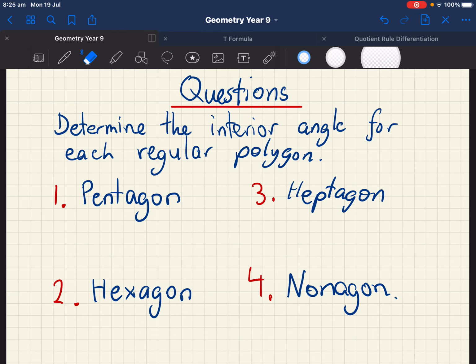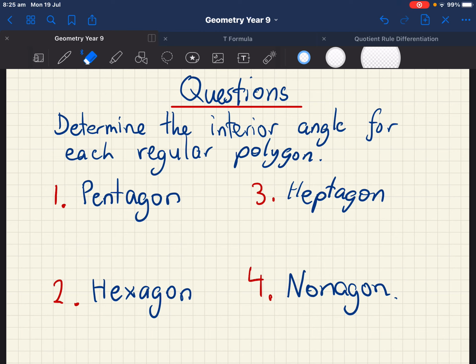So just do what we've just done for these 4 shapes here. Don't be alarmed if one of the answers ends up being a decimal. If that's the case, you're actually doing it correct. The other 3 should be whole numbers. So pause the video, have a go at coming up with your solutions, and once you've got your answers ready, press play again so you can check your solutions.